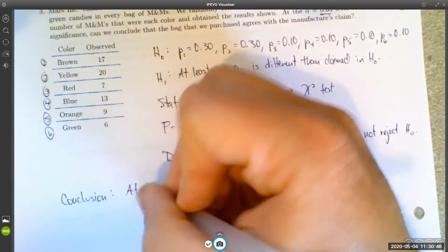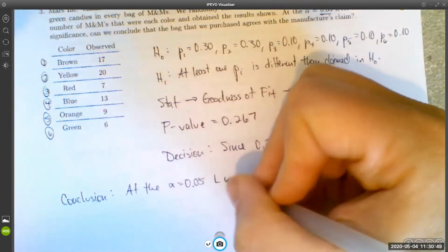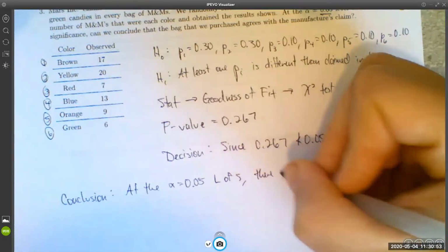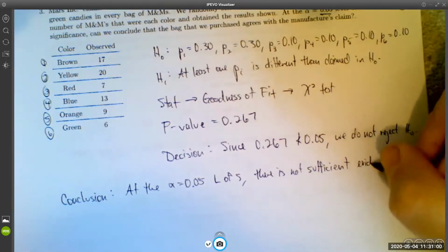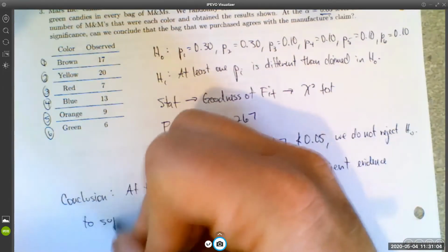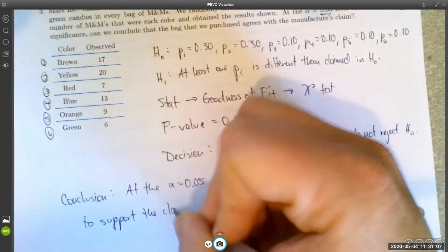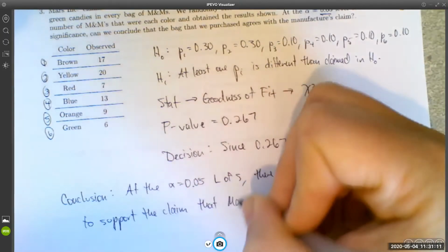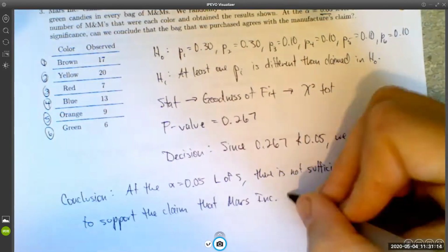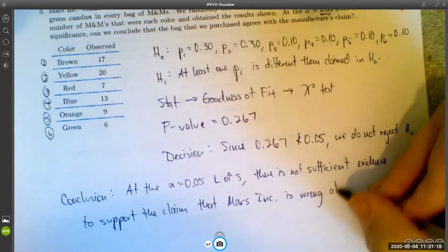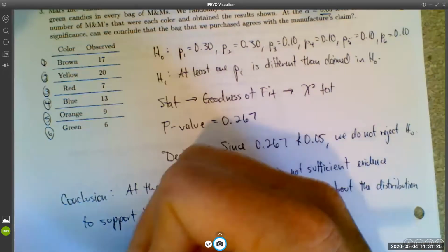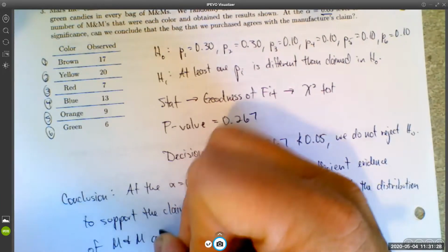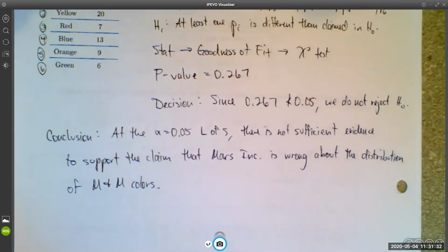At the 0.05 level of significance, there is not sufficient evidence to support the claim that Mars Inc. is wrong about the distribution of M&M colors.